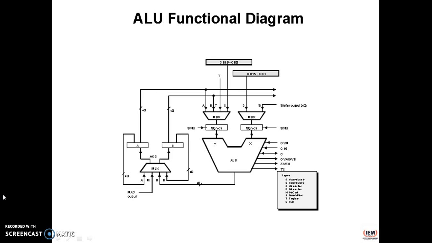Now we are moving to the barrel shifter, one of the most important parts of the ALU functional diagram. The C54x barrel shifter has a 40-bit input connected to the accumulator or to the data memory using CB or DB, and a 40-bit output connected to the ALU or to the data memory using EB.